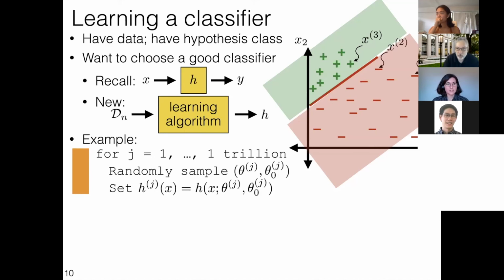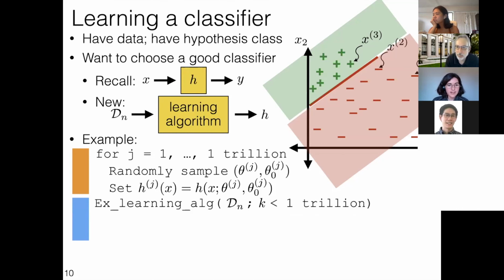Okay, so let's go back here. My friend has generated this really, really long, trillion-long list of classifiers. And now here's my example learning algorithm. In fact, let's call it example learning algorithm. Now remember, a learning algorithm takes as input a data set. But just as we had a parameter that we could set in H, something that modulates H, we are going to here have a hyperparameter.